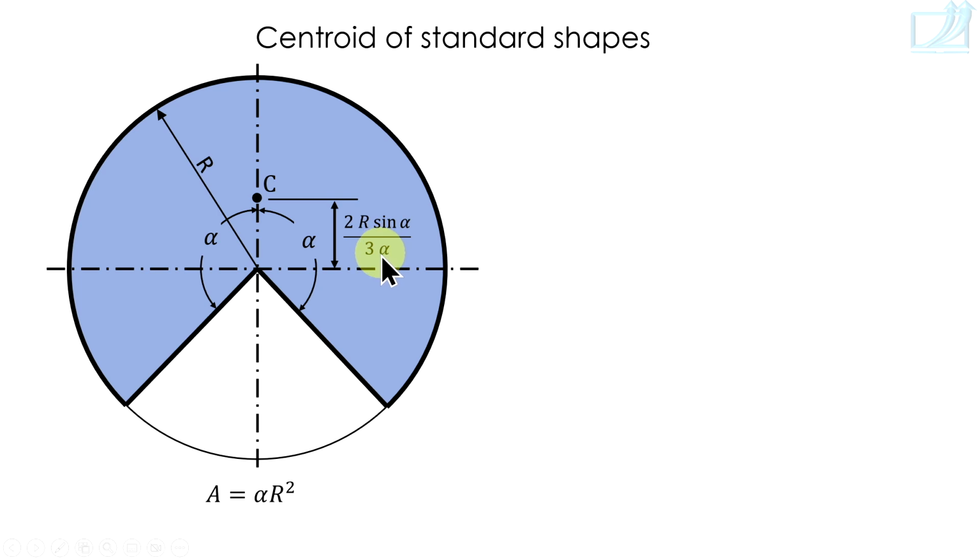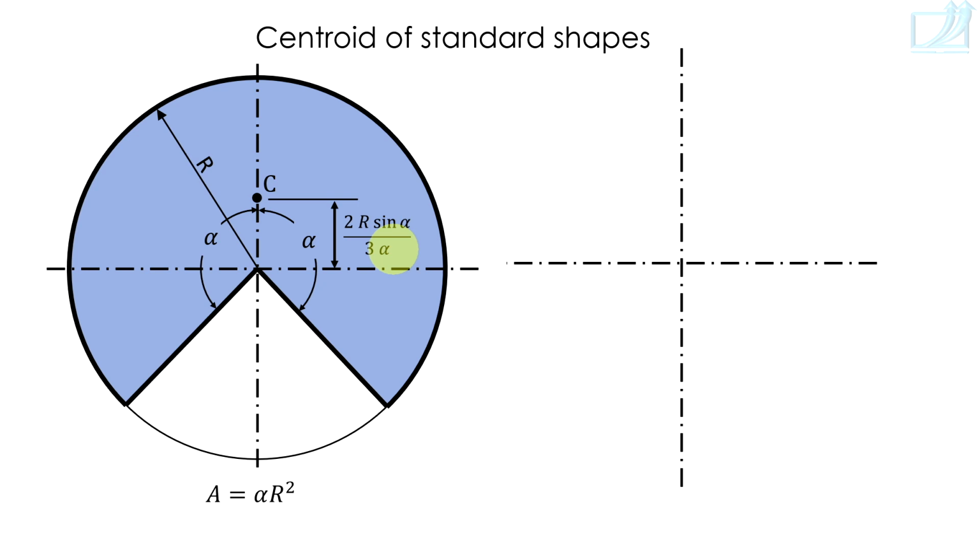For example, if this alpha is 30 degrees, then in numerator you should write sine 30 degrees, and at denominator instead of 30 degrees you should write the value 30 degrees in radians. And how much it is in radians? Pi by 6. So remember, at a numerator alpha in degrees, at denominator alpha in radians.